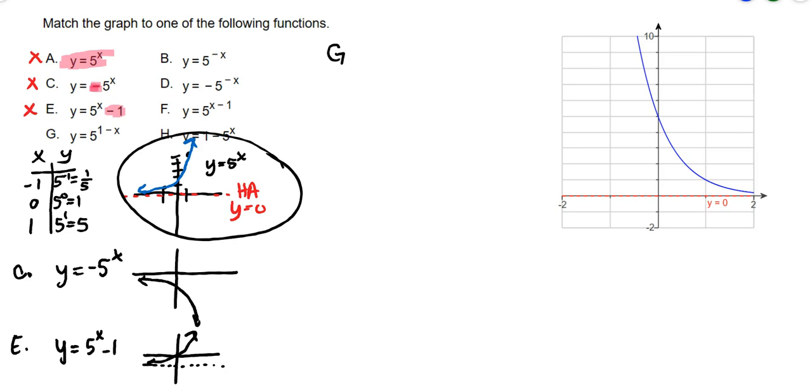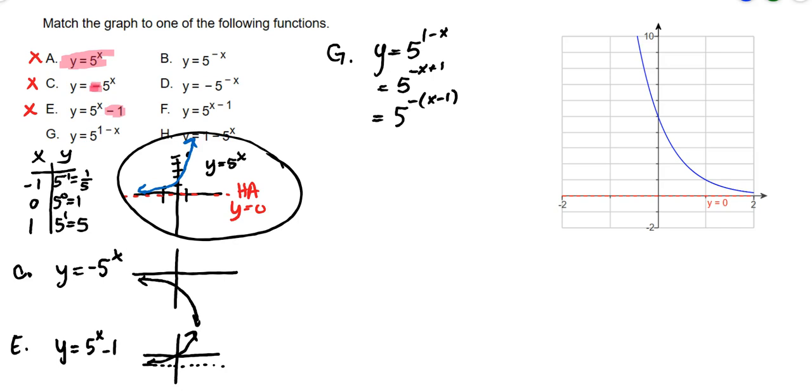The next option, G, y equals 5 to the 1 minus x. I'm going to do a little bit of rewriting so I can understand exactly what transformations are going on. So I would write the negative x plus 1 and then factor out the negative to get negative times x minus 1.